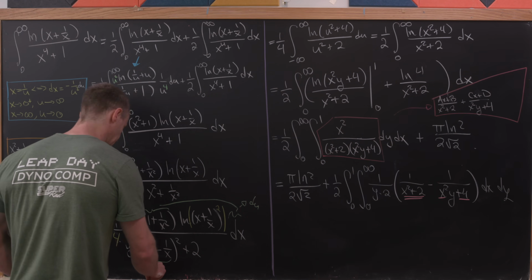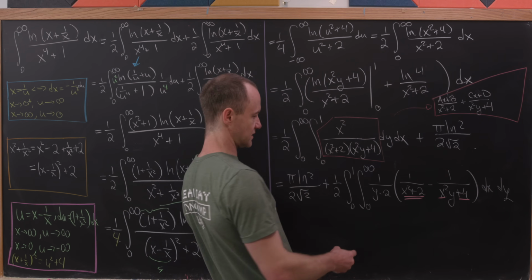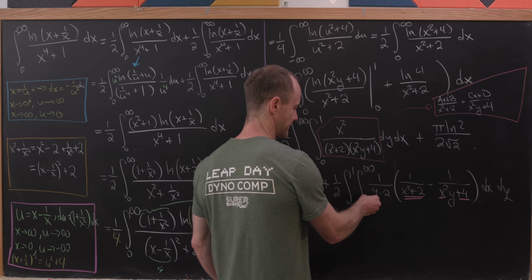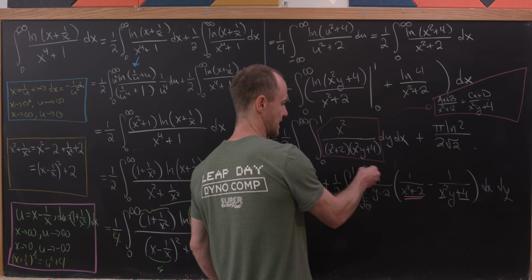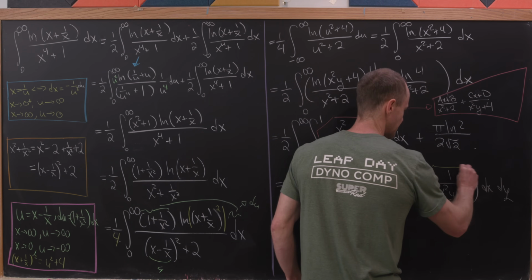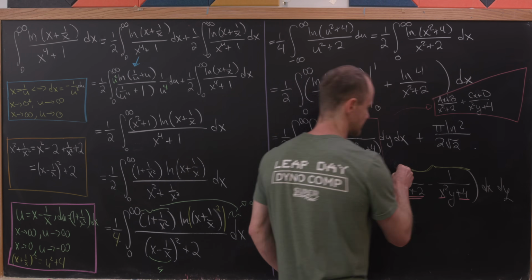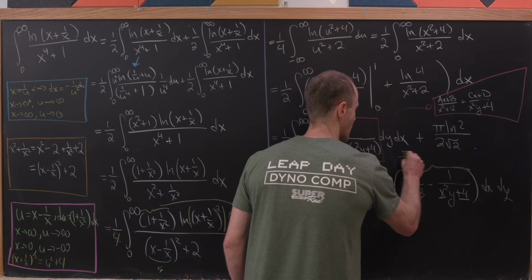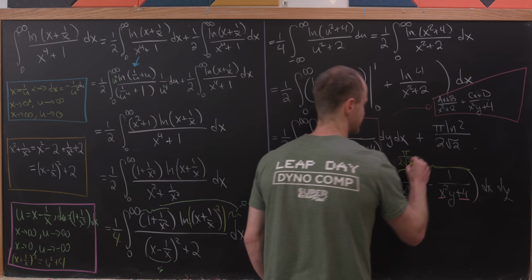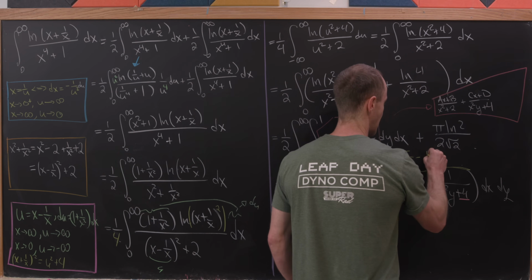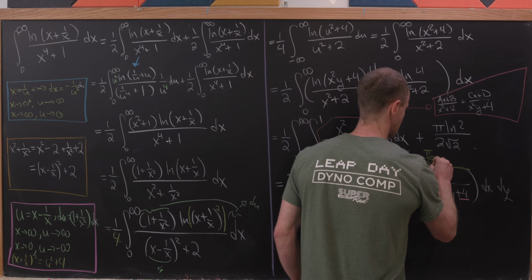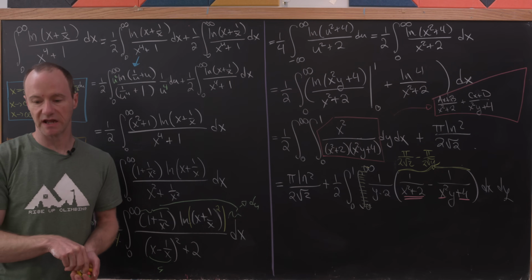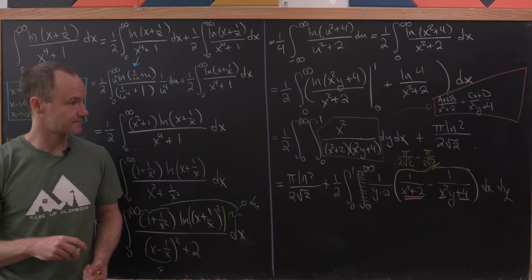So what you'll get is the following. Let's maybe do this all in one step. If we get rid of this integral right here, integrating this out, this bit turns into what? Well, it's going to turn into pi over 2 times the square root of 2 minus pi over 2 times the square root of y. Again, that's just from standard inverse tangent type integrations.